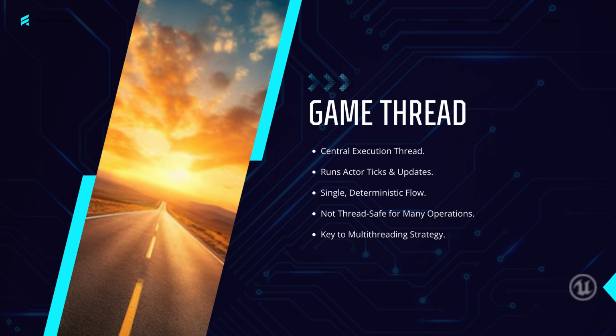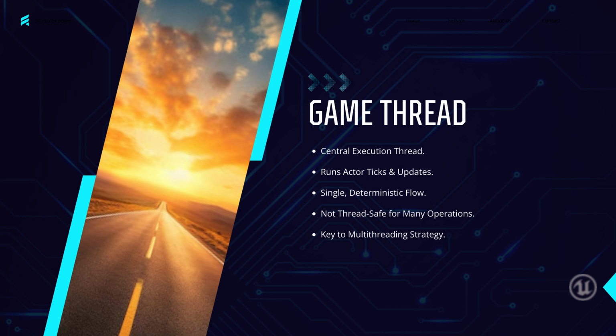The game thread is the central execution thread, meaning it coordinates all gameplay logic each frame. It also runs actor ticks and updates, for functions like Tick are called on the game thread each frame. Creating, destroying, or modifying these objects often must happen here in the game thread.